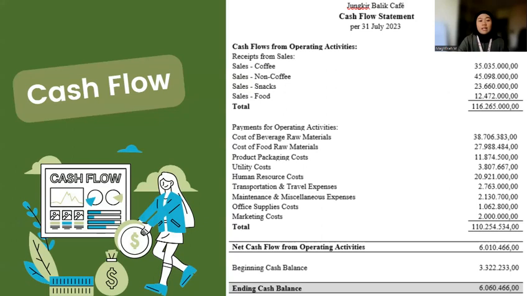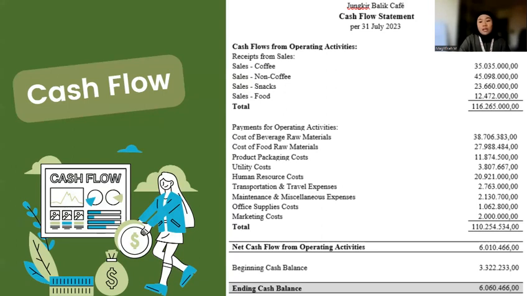So the last one is cash flow statement. I think this is a crucial report that tracks the inflow and outflow of cash in the business. It categorizes into operating, investing, and financing activities.